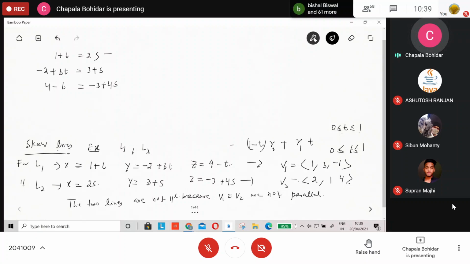Now it is equations 1, 2, 3. Solve equations 1 and 2: 2 unknowns, 2 equations. You can get the values of t and s. Find out t is equal to how much and s is equal to how much, by solving 1 and 2 yourself.